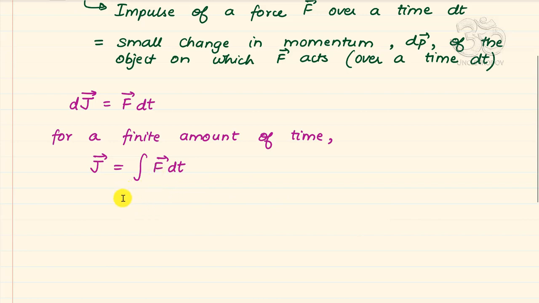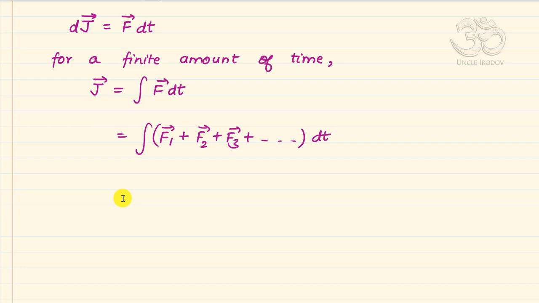Under that assumption, I can write this as F1 plus F2 plus F3 plus so on, which I can again break up into small pieces: integral F1 dt plus integral F2 dt plus integral F3 dt and so on.